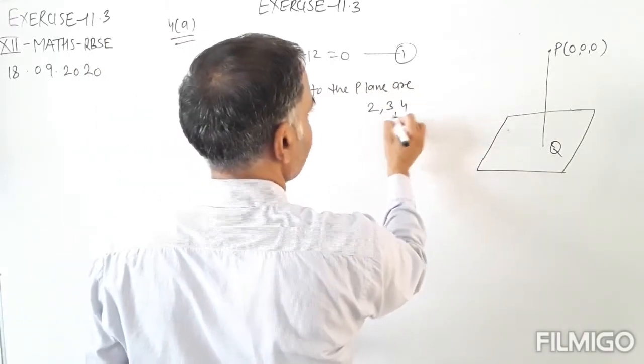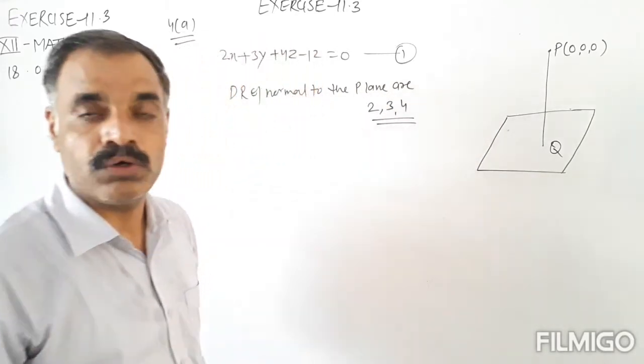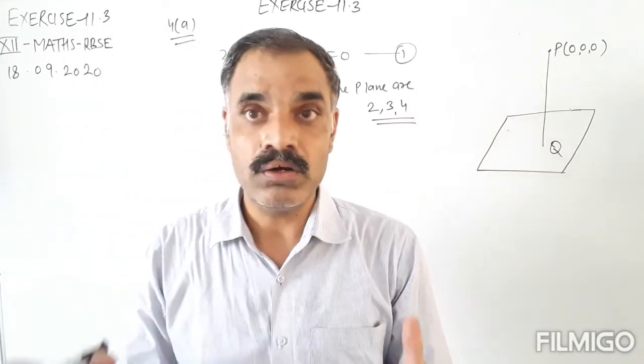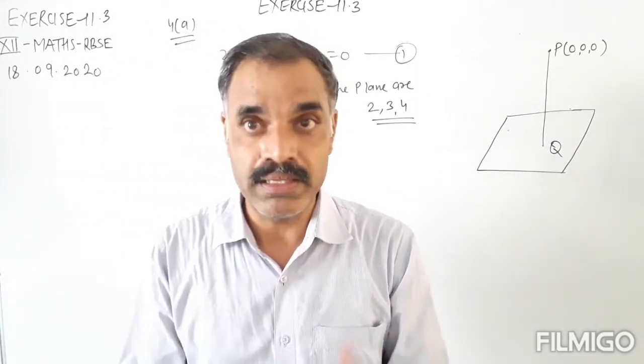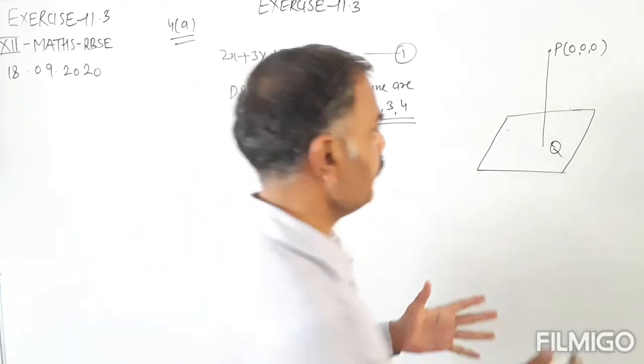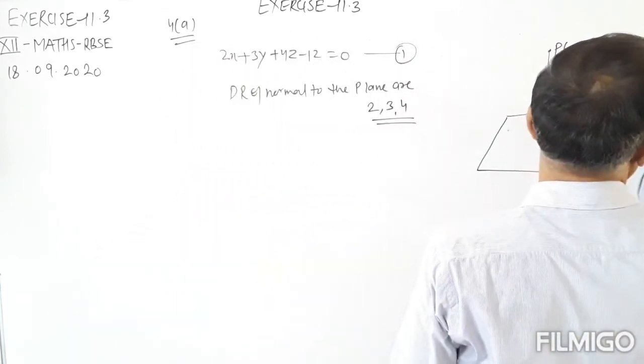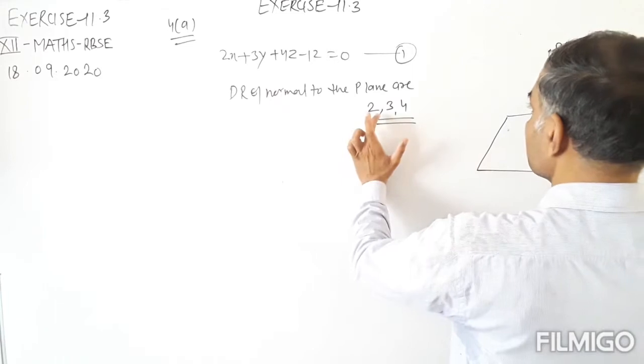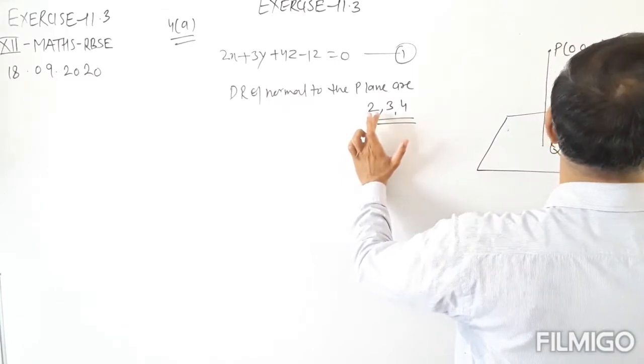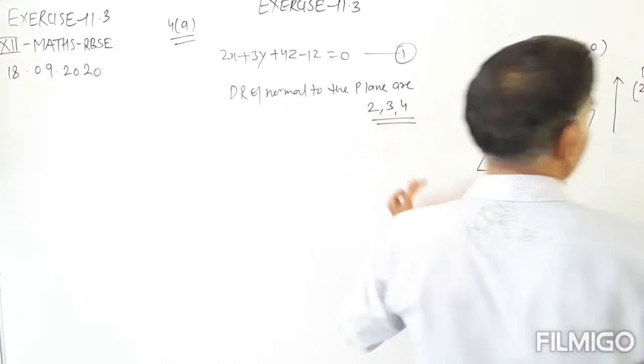These are the direction ratios of the normal, or the perpendicular, of the plane. Perpendicular to the plane means in this direction we have the direction ratios 2, 3, 4.